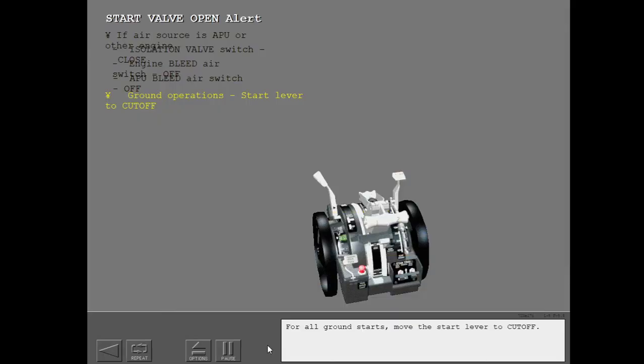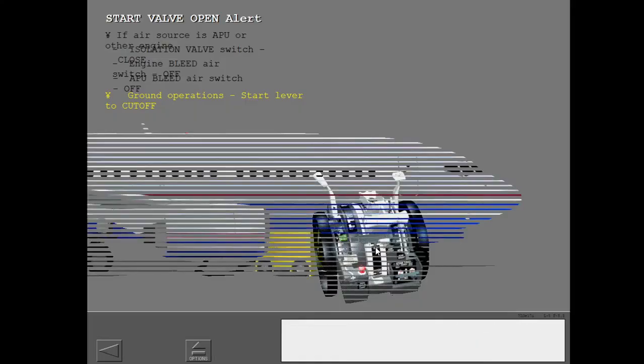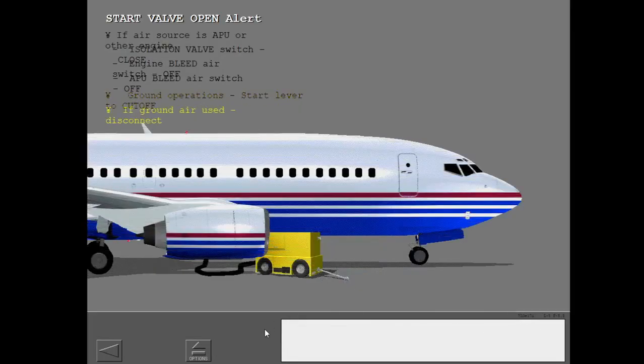For all ground starts, move the start lever to cutoff. If ground air is used for engine start, the ground air source must be disconnected.